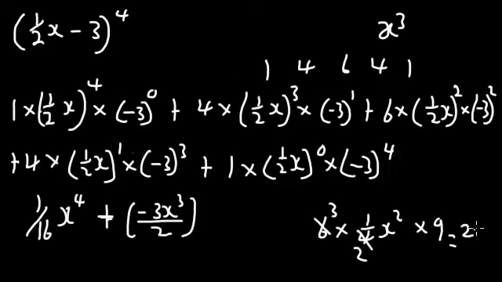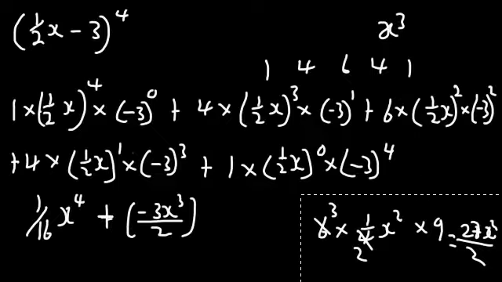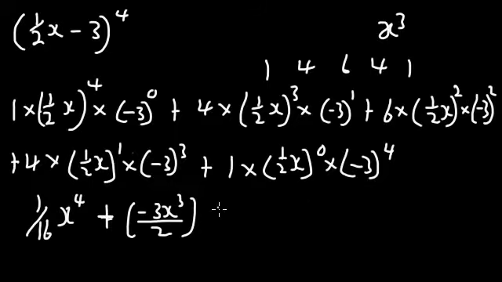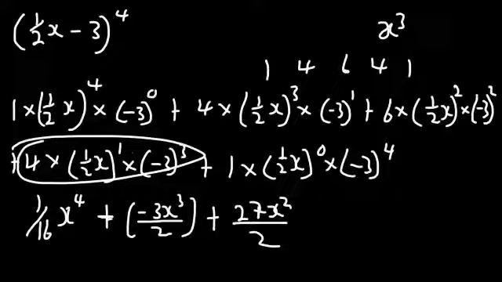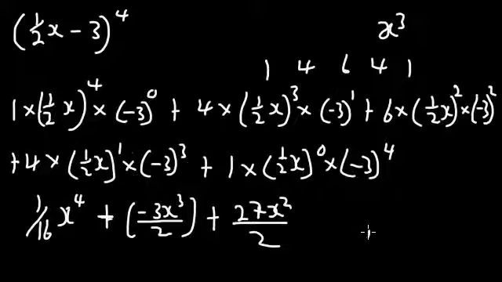So this gives us 27x squared over 2. Perfect. So we have plus 27x squared over 2. Now the negative has gone. Keep in mind, we have squared that. Perfect.